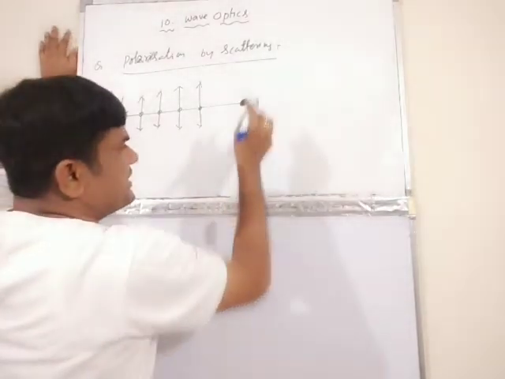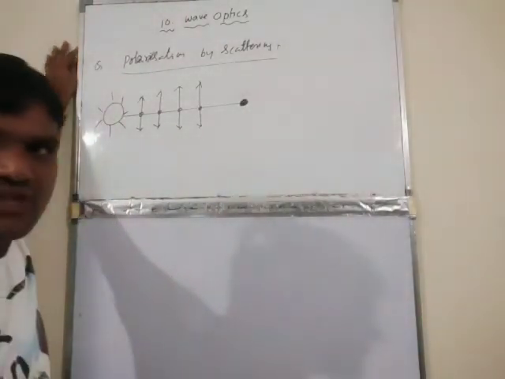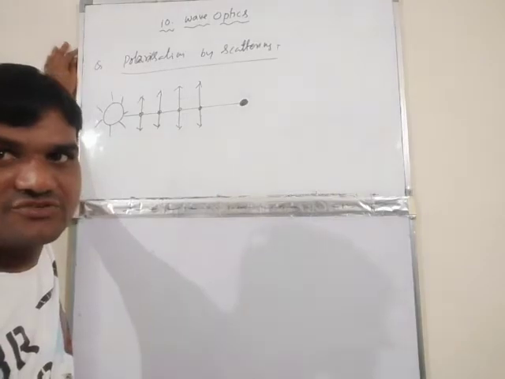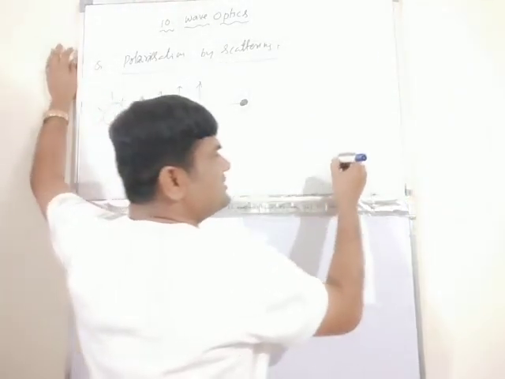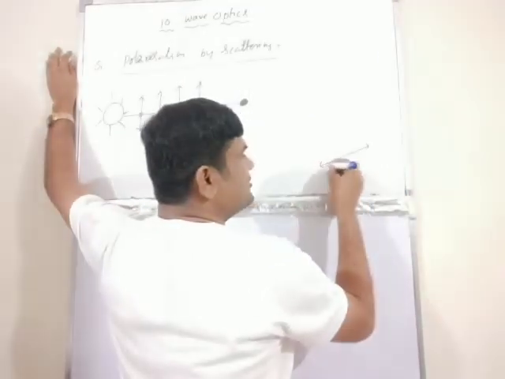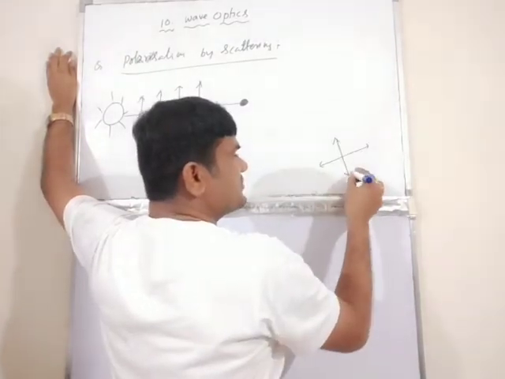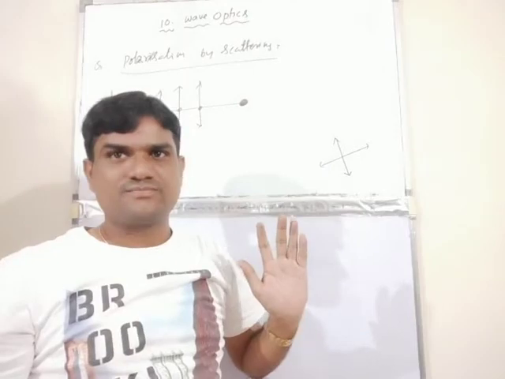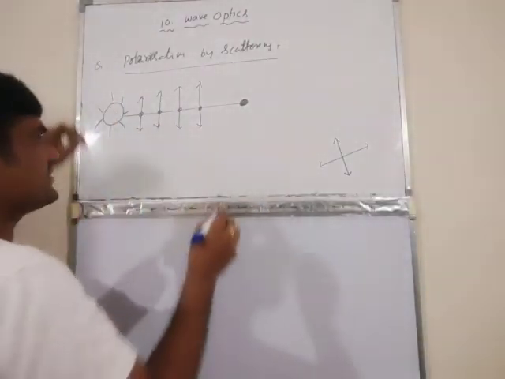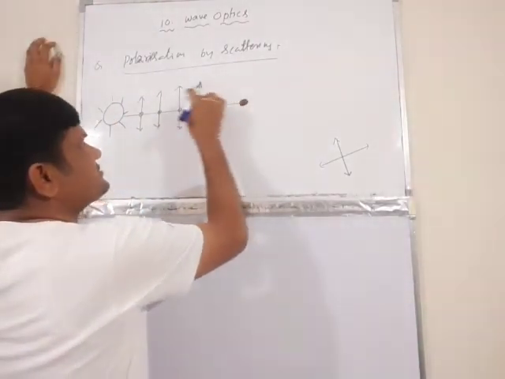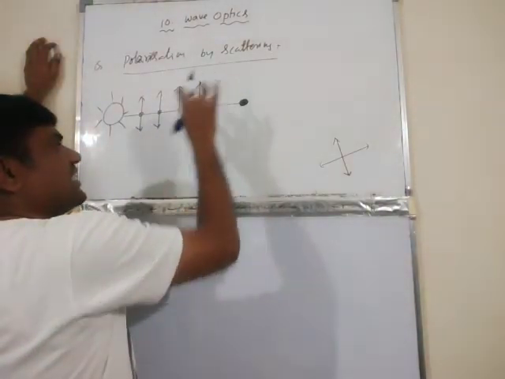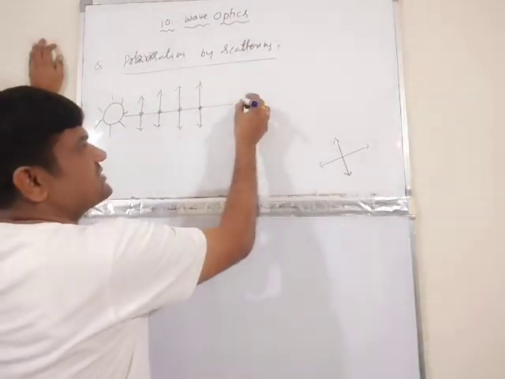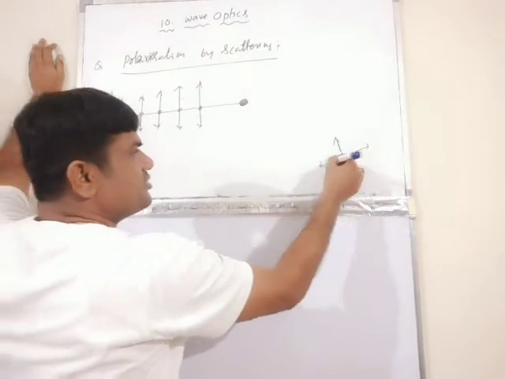Air molecules have electrons. So these electrons can vibrate in either the x direction or the y direction, only x and y direction. Correct? So now the electrons can absorb this light and vibrate, in either the x or y direction.